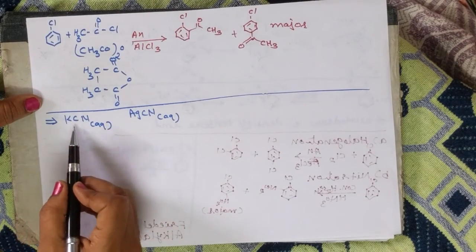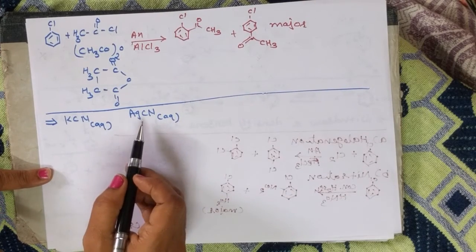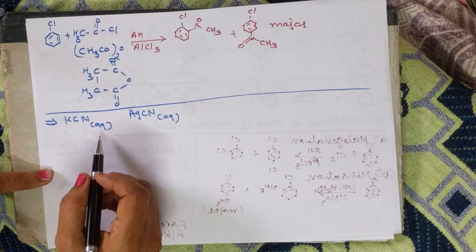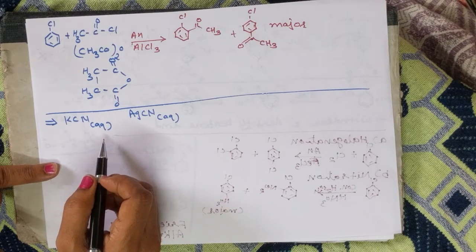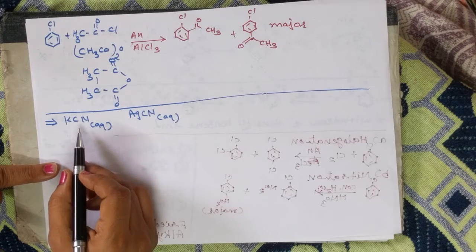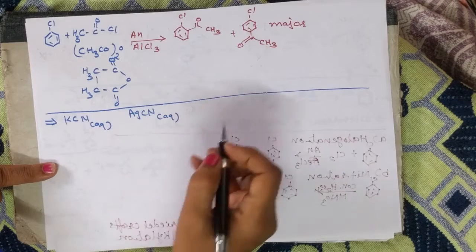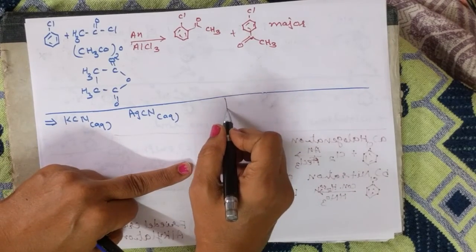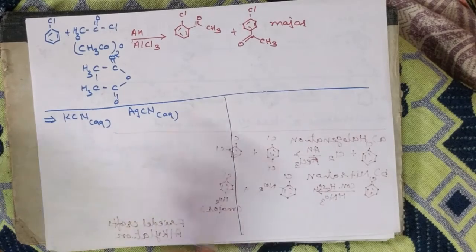Now here students, there are two different reactants. One is KCN and another is AgCN. Both are in the aqueous form, and we'll try to understand what the product will be when we are using KCN and when we are using AgCN. These are very important conversions. In exams, the question is asked.